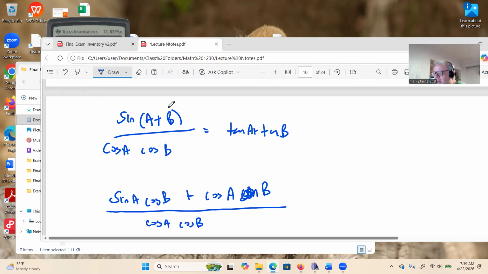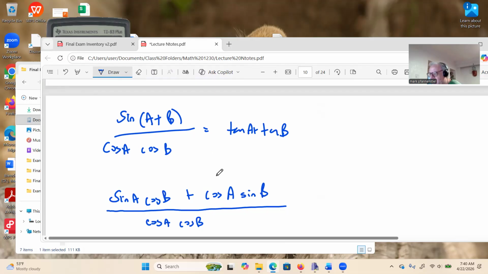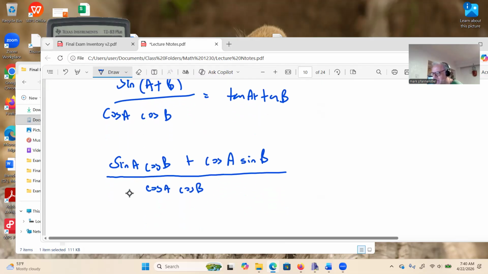This is supposed to be a cosine. That's a terribly written cosine. Let's go ahead and fix all of that so you can see what I'm doing. Sine, cosine, cosine, sine. Yes. All right. Now we're going to see if we can't break these things up.